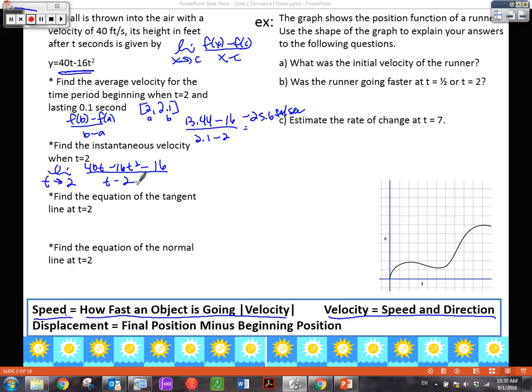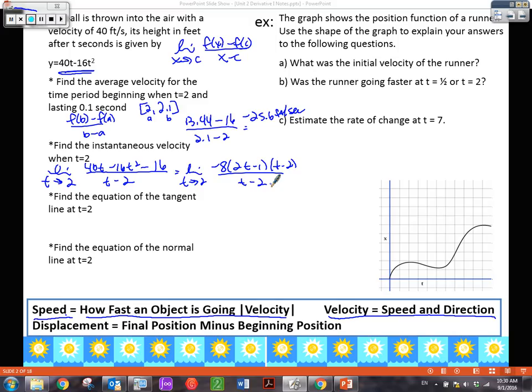What I would do is factor that, and I'm not going to show you how I factored it, just what the factor is. We all know how to factor. So limit as t goes to 2, it turned out to be negative 8 times 2t minus 1, times t minus 2, all over t minus 2.